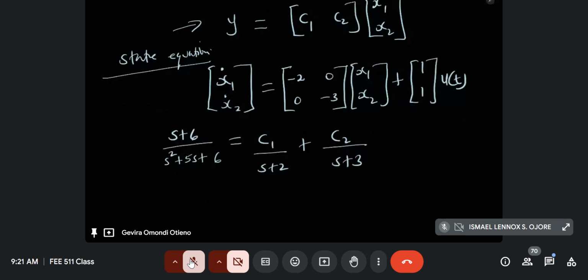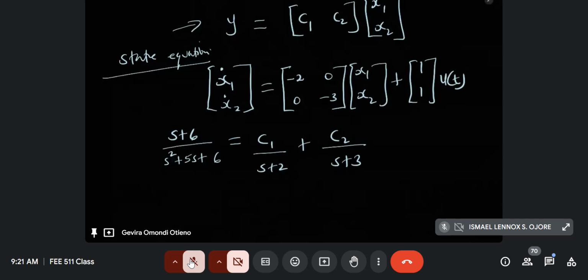Notice it is the numerator term that we are splitting into C1 and C2. If we had a third pole or a third factor in the denominator, we would go on, and so on and so forth. But in our case here, we only have two of them. So you factorize them like that.